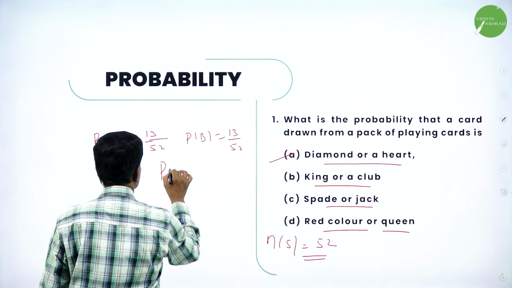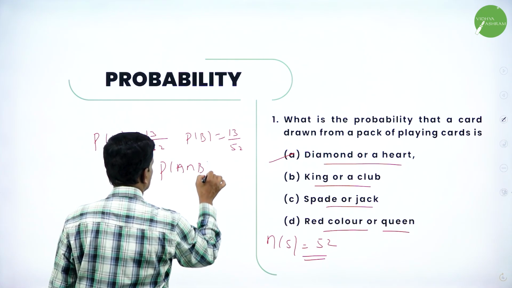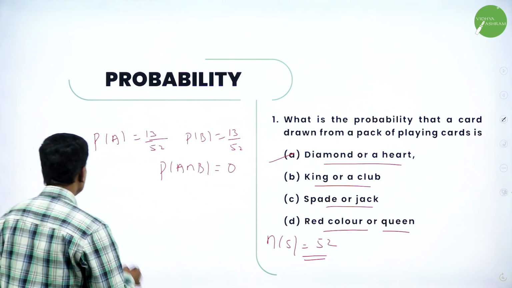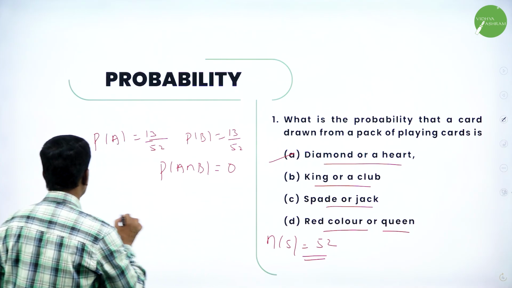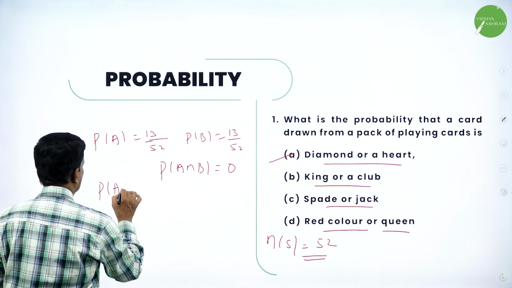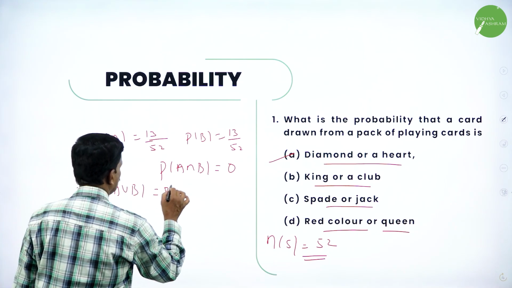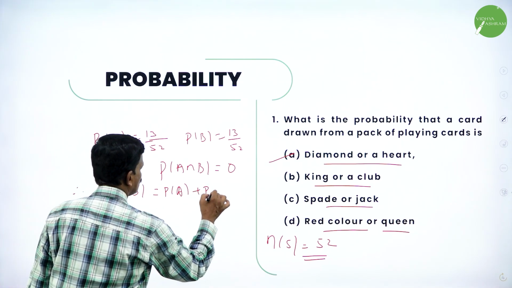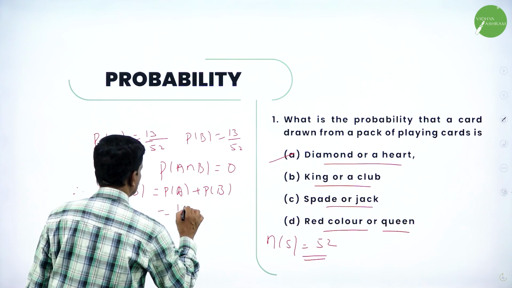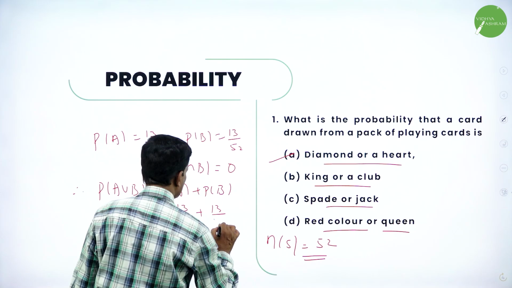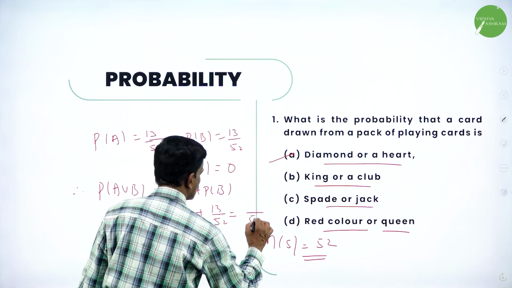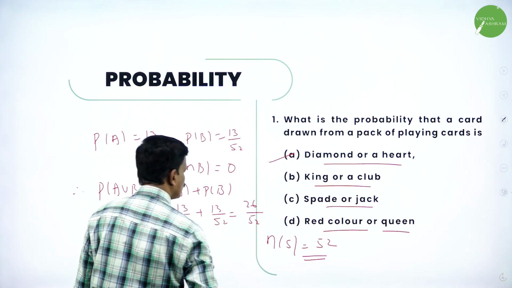Since the intersection, probability of A intersection B, is equal to 0, null set, therefore the probability of getting a diamond or a heart is nothing but probability of A union B, which is equal to probability of A plus probability of B, that's equal to 13 divided by 52 plus 13 divided by 52. 52 is the LCM, 26 divided by 52.